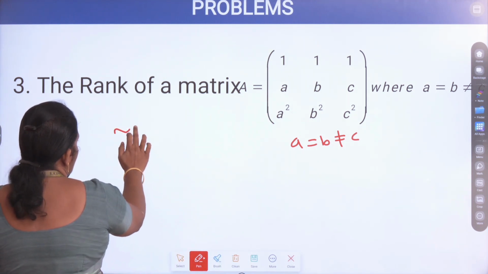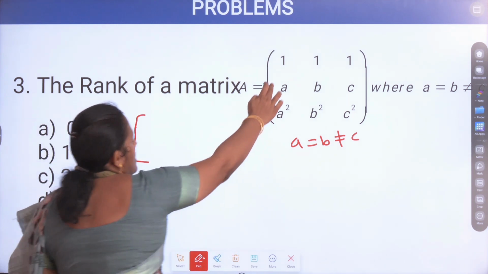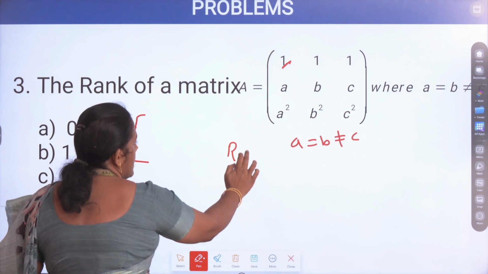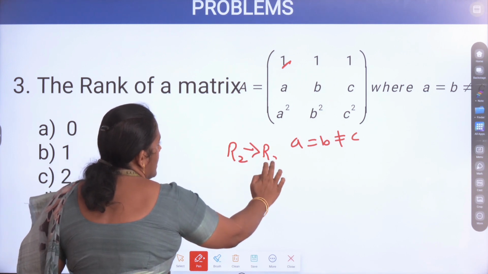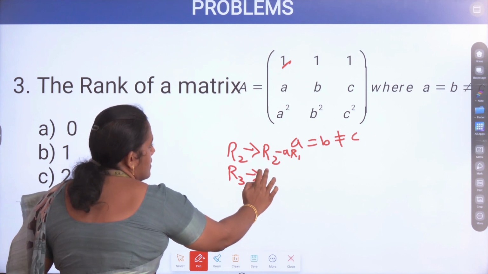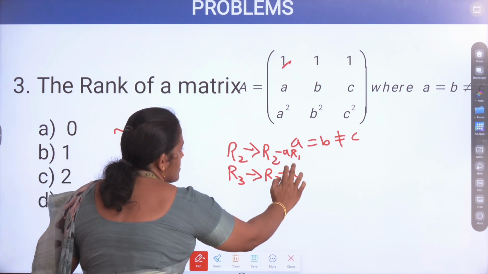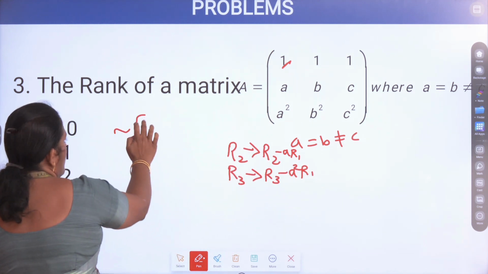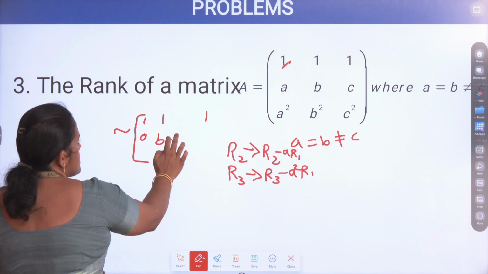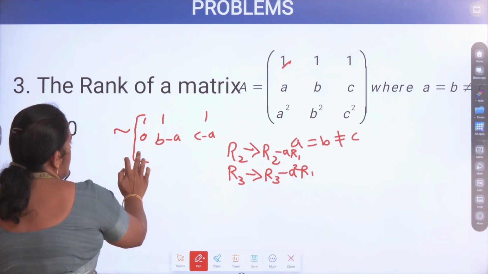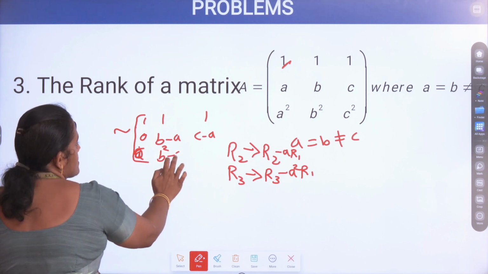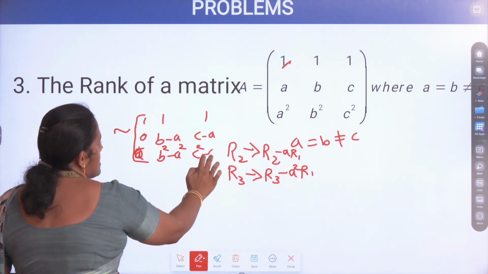See the first element, it is a non-zero element. So proceeding, R2 implies R2 minus A R1, R3 implies R3 minus A square R1. So 1 1 1, 0 B minus A, C minus A, 0 B square minus A square, C square minus A square.